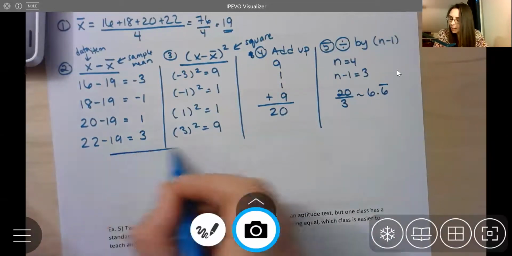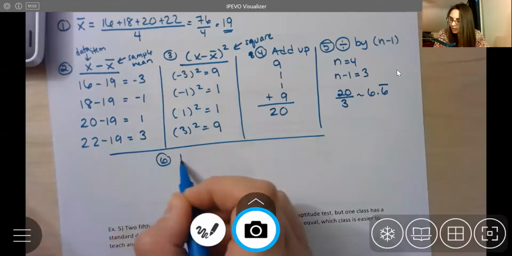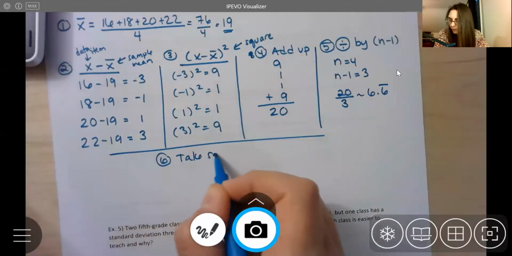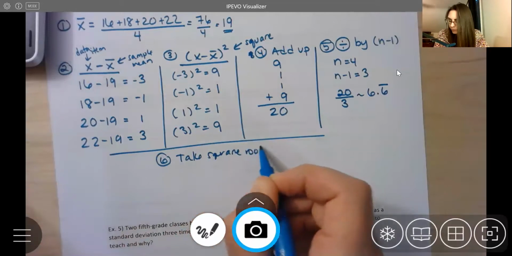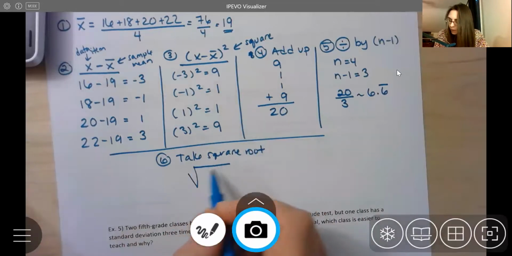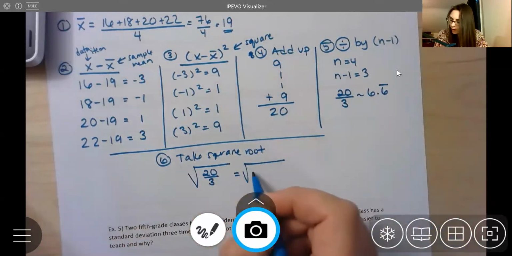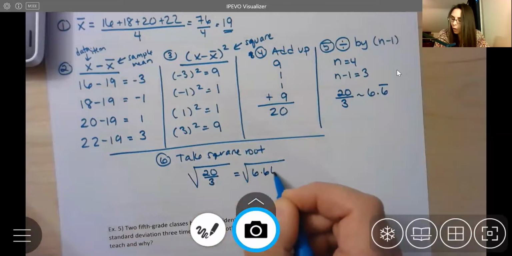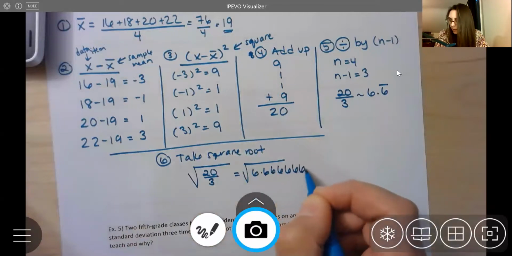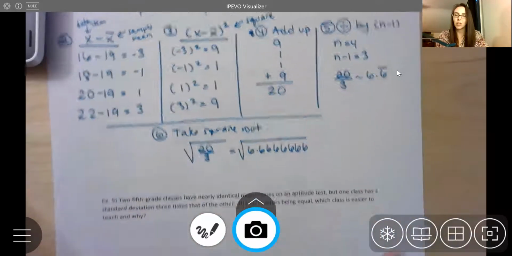And then finally, my sixth step is going to be to take the square root. Now, I'm going to take the square root of 20 over 3. Again, I could also take the square root of 6.6, but I would use a whole bunch of decimal places here, just so that my root is actually accurate, right?